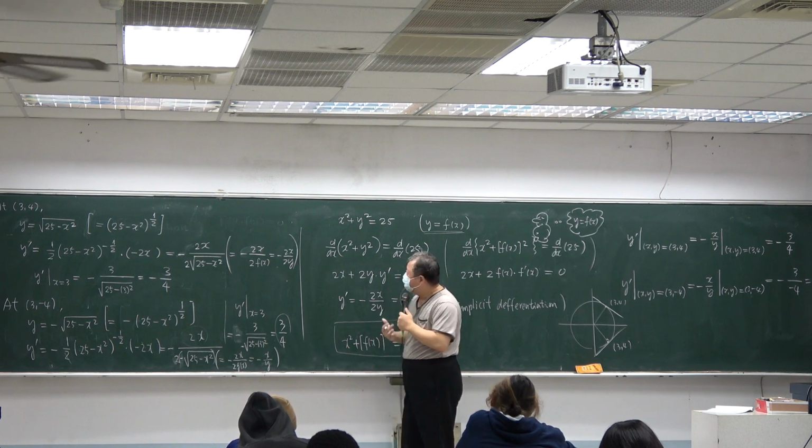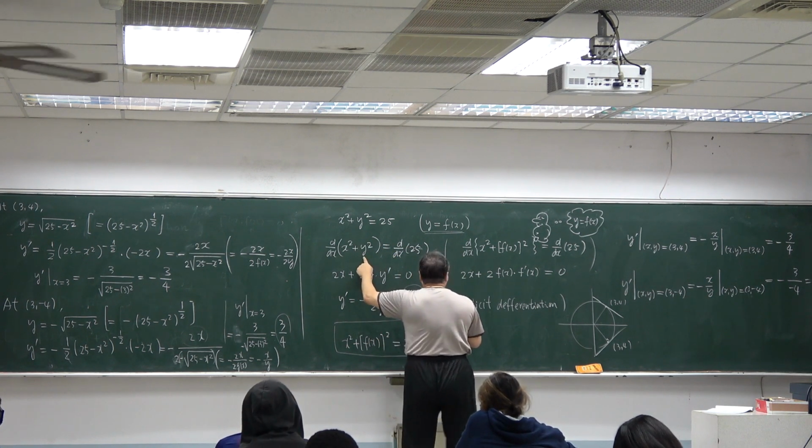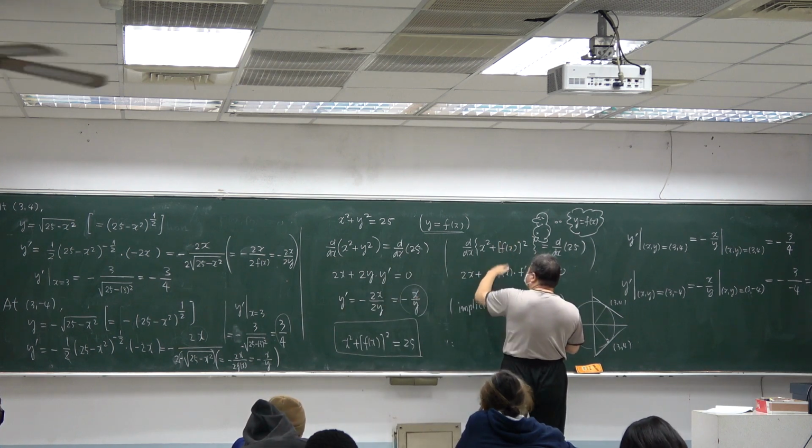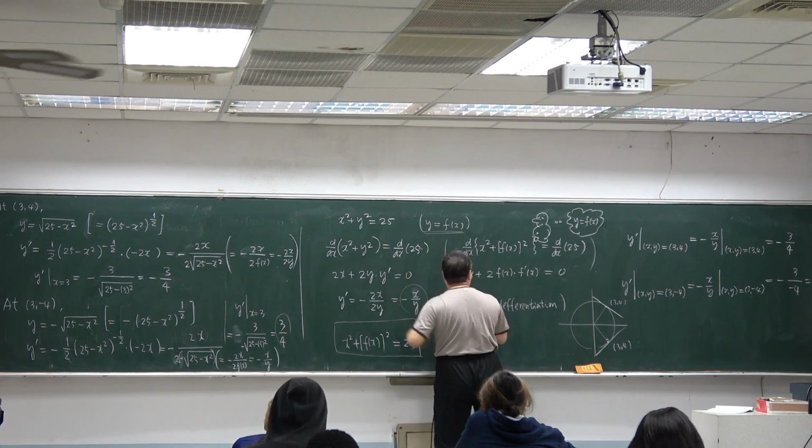So y squared is not an independent variable, but this is exactly f: x mapped to y first, then squared second.